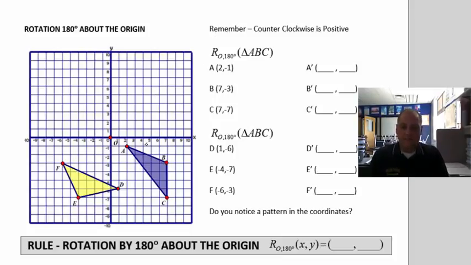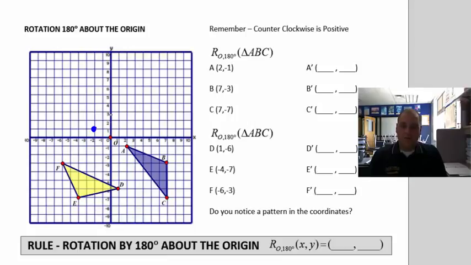Rotation 180. I'm going to treat rotation 180 like 290s, right? So rotation 180 is 290s. Let's just do the ABC here. So ABC is over 2, down 1. So we're going to go over 2, up 1. And then over 1, 2, 3, 4, 5, 6, 7, down 3.